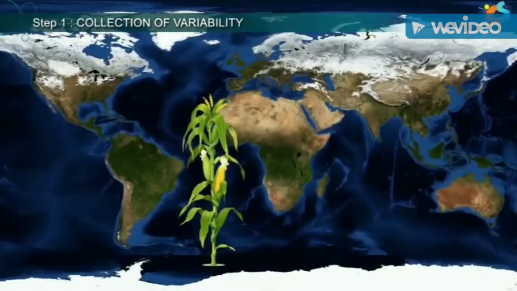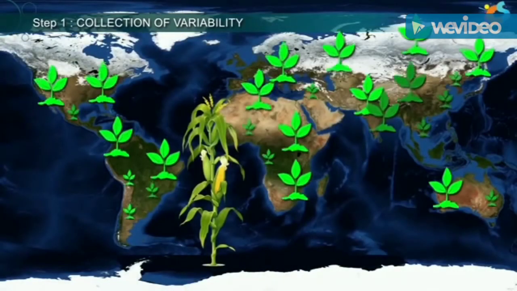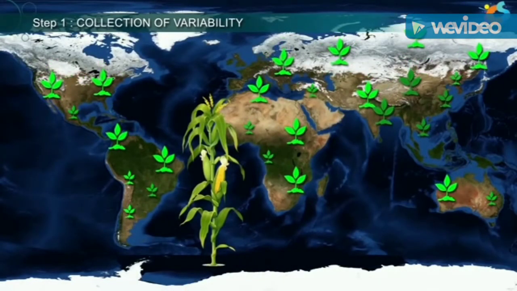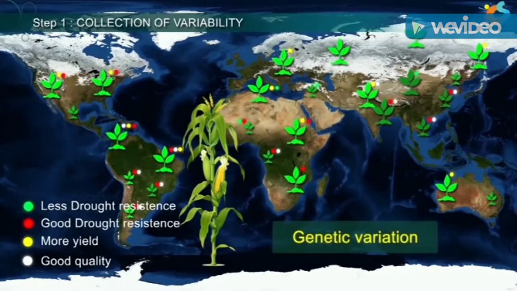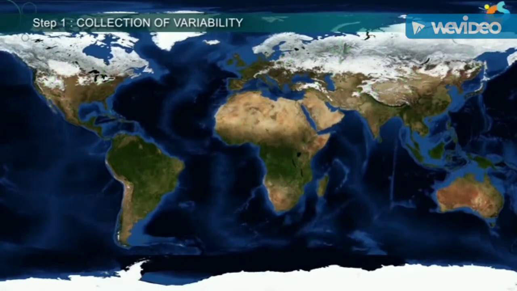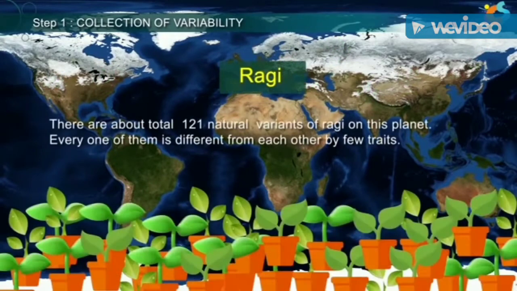We know that plants of a particular species will have different varieties in different parts of the planet. Each variety will have a few different sets of traits that are different from each other. This is known as genetic variation. For example, ragi. There are about 121 natural variants of ragi on this planet.